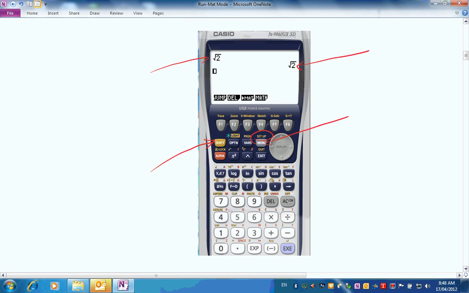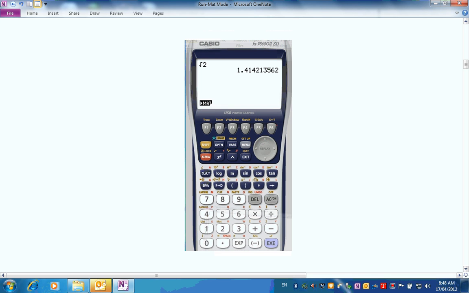And let's have a look at what the calculator has to offer when it gives us a 10-digit display for the value of root 2. So I want you to work out the square root of 2 in linear mode, and there it is there. The calculator has given us a full 10-digit display of the square root of 2. It's had to stop at the 9th decimal place, so it's not exact.